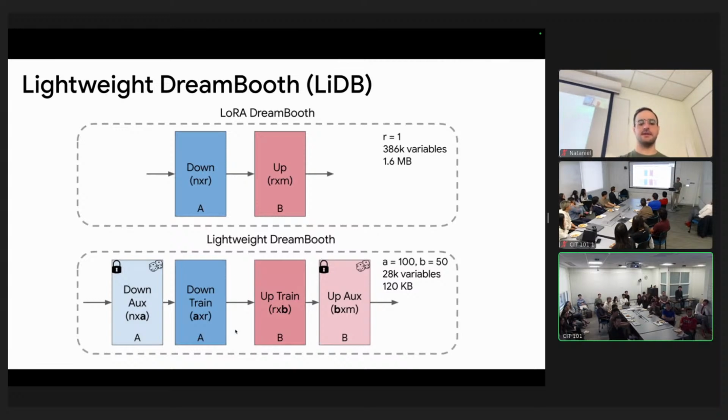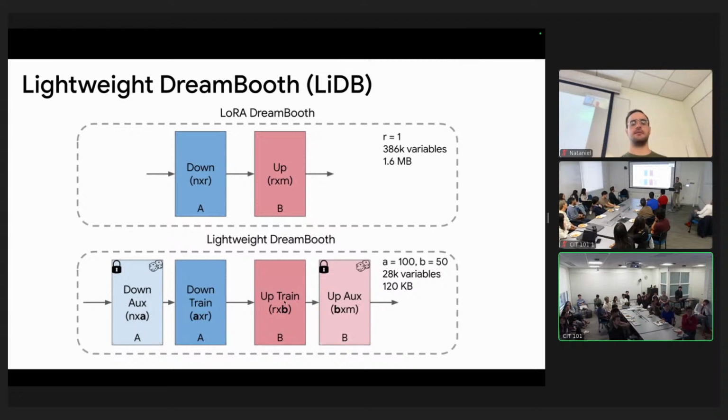The idea here was to grab each of these down and up layers and break them down even further. You could think of it as a LoRA of a LoRA. Here you have a down aux layer and a down train layer, and you pick this A scalar empirically. The down aux layer you initialize randomly, with orthogonal vectors, and you lock it, so you don't train that one.